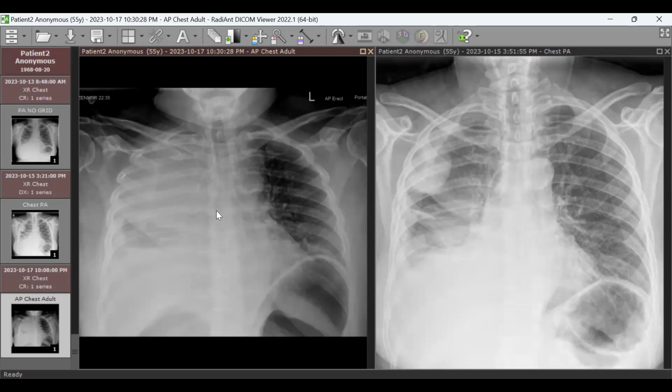We talked about the fluid, right? There is a pleural effusion, and at the same time increasing fluid and increasing atelectasis in the lung. They balance each other, so as a result you don't see much loss of volume. Okay, so this is the first case.